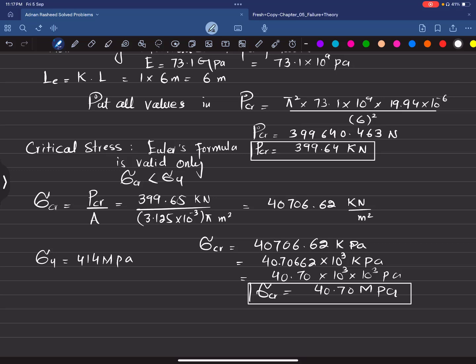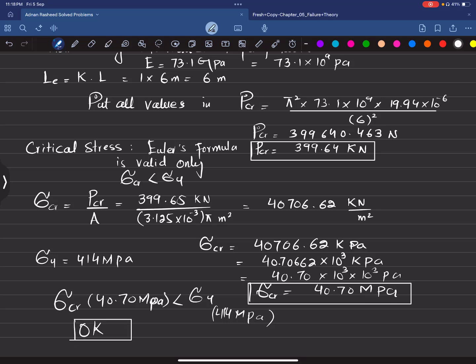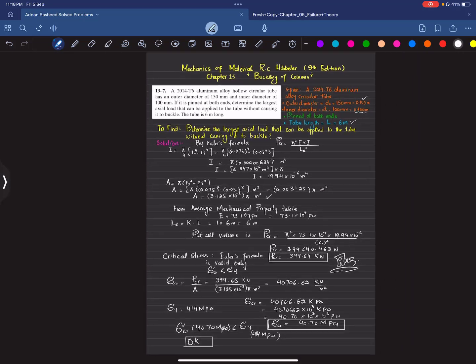And you can see that your critical stress, which was 40.70 megapascal, is less than yield, which is 414 megapascal. So it means that our design load or critical load of 399.64 is correct. And this was all about this problem 13-7.